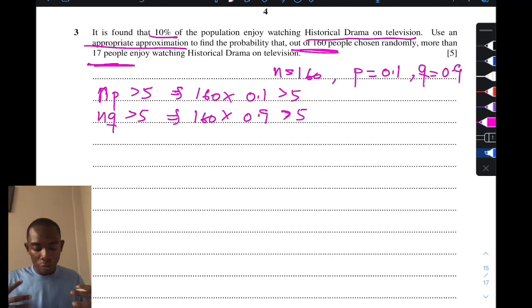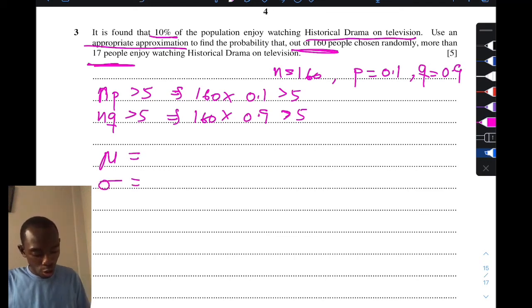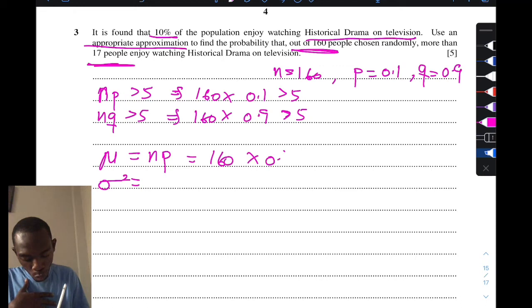Okay, now if we need a normal distribution to do this, then we need our mean, and then we need our sigma. But we can easily find the variance. So I'm going to use variance. From there we can take the square root of the variance to get sigma. Okay, so the mu, or the mean, is just NP, and that will be 160 times 0.1, that's 16.